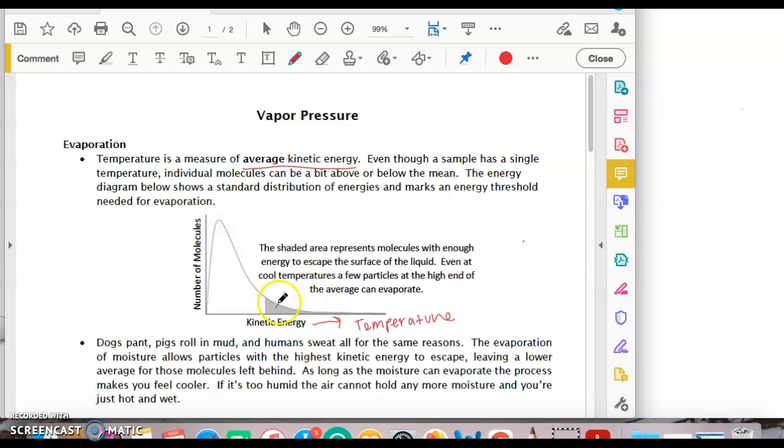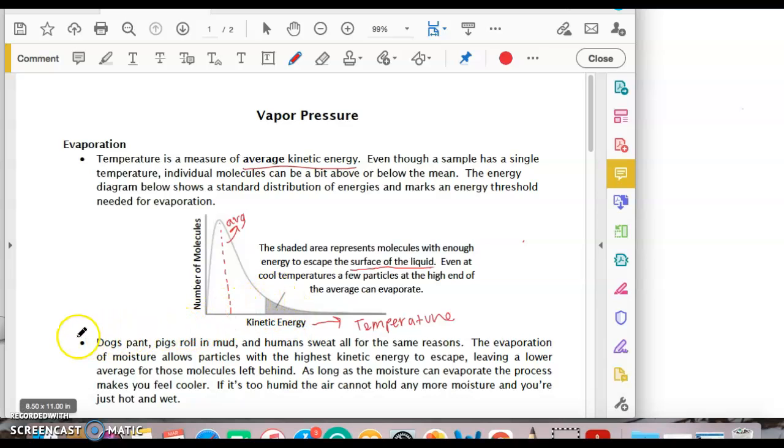So the shaded region here represents the number of molecules that are able to escape the surface of the liquid. And this is what evaporation is. So here we have the average of our distribution, and at a given point when we increase our temperature, that's going to cause our molecules to build up enough kinetic energy and leave our liquid.